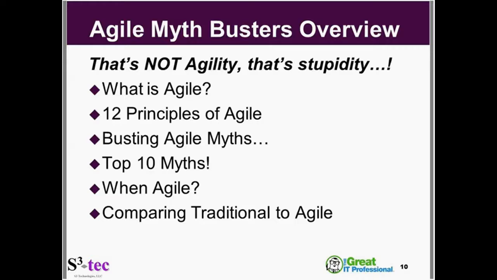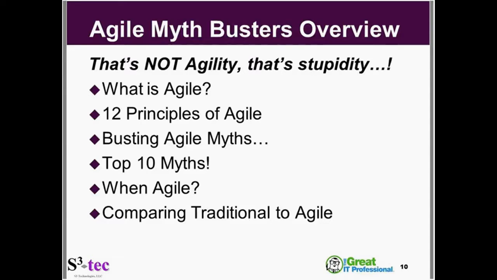So this is where we're going to go here, so I hope you have a little bit of a sense of humor about it. First we're going to talk about what Agile is and the 12 principles of Agile, and then we're going to start busting those myths. I went through the top 10 myths. Some are based on my experience and what I see as very common myths. Some are based on research.